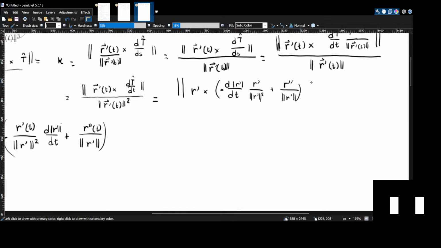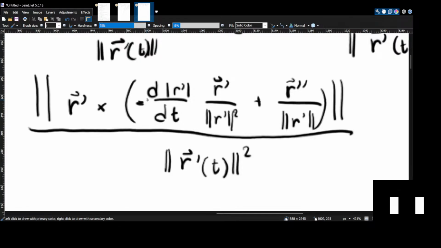Now, what's important is the fact that the cross product between two parallel vectors is 0. Hold on, I will draw the vector for this one.